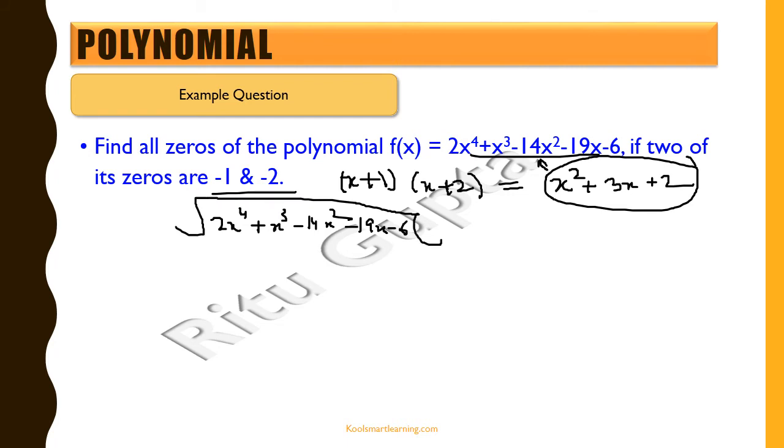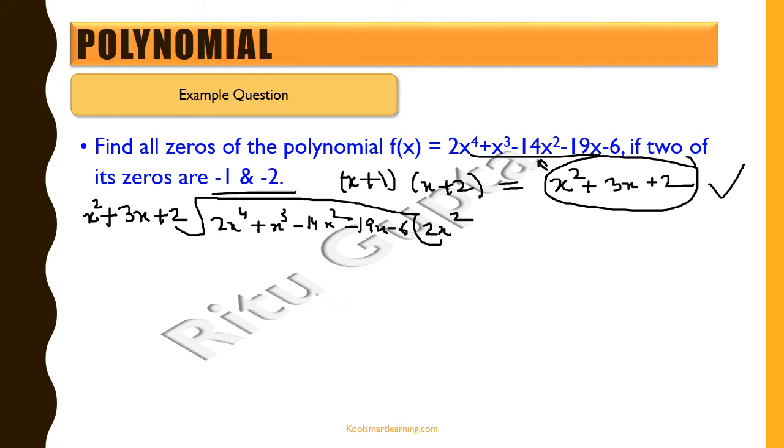Now it is important to know that since this is a factor of the given polynomial, the remainder, which is r(x), would be 0. So we'll only get q(x), the remainder being 0, and that q(x) we need to factorize to get the zeros. So now let's first of all do this division.